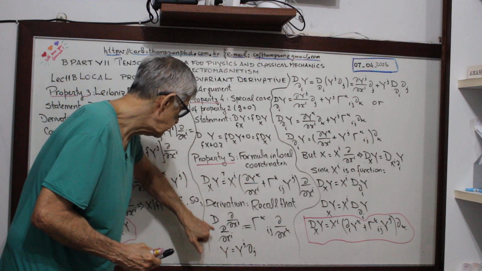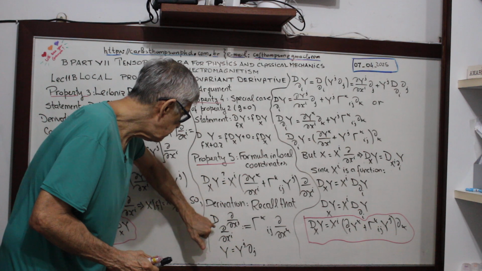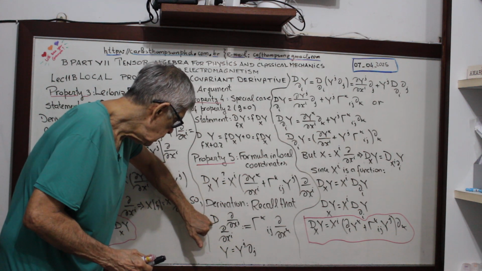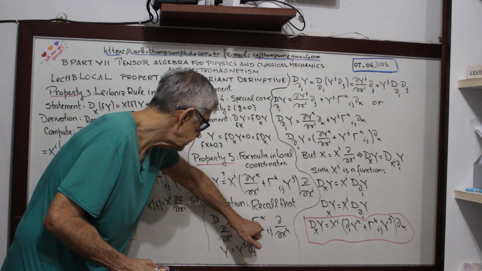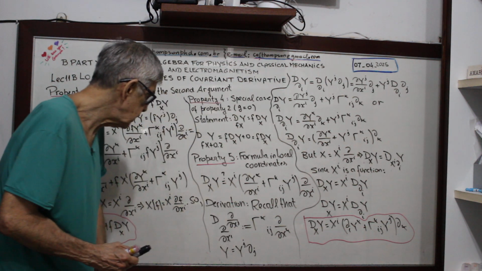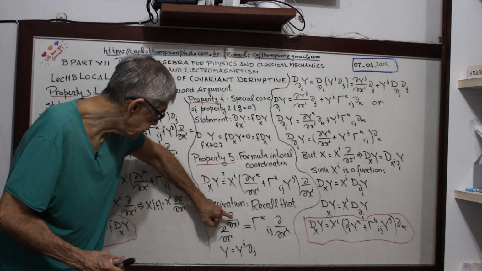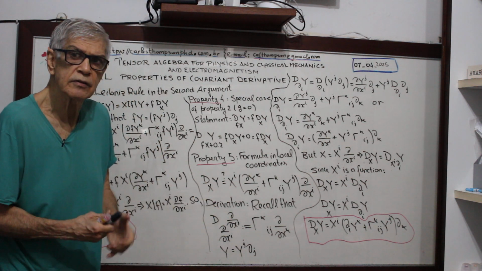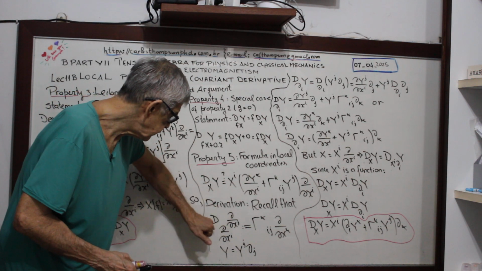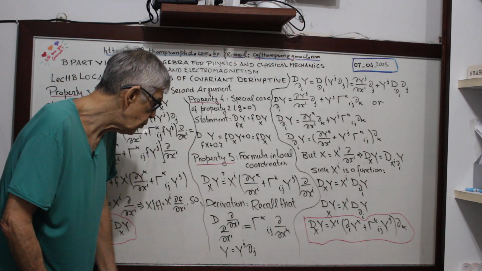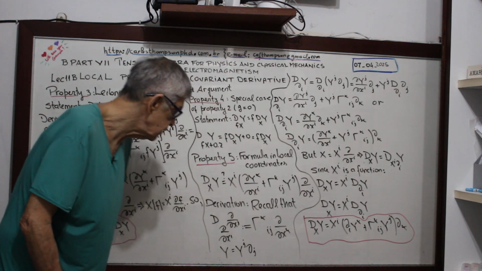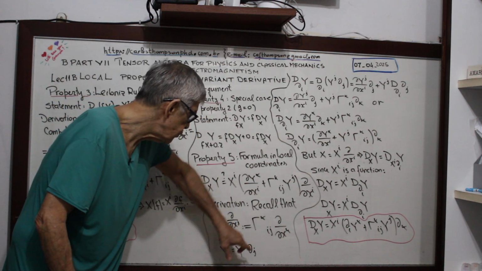Property 5, formula in local coordinates at point P, which belongs to a chart on the manifold. Derivation: recall that by definition the covariant derivative of x_i, x_j is given by the Christoffel symbols. Also, this is related to the second derivative. That's important here for you to understand, and I already did this previously. So this is Christoffel symbols.